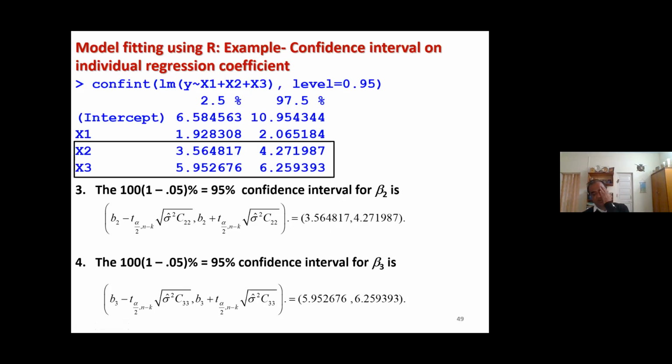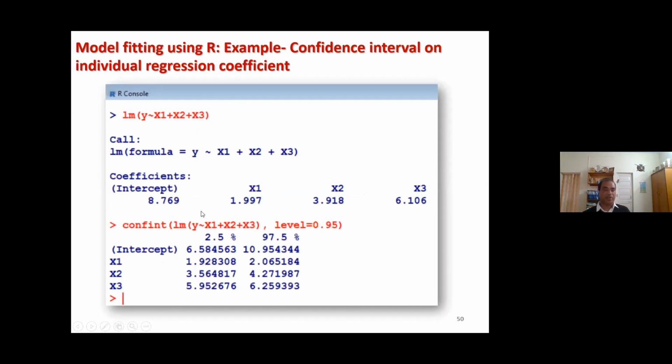The moral of the story is that you have to understand how to interpret the confidence interval. Software is going to compute it, but I expect that you should know how they are computed. This is the screenshot if you do it in R, but any other software will give a similar outcome.